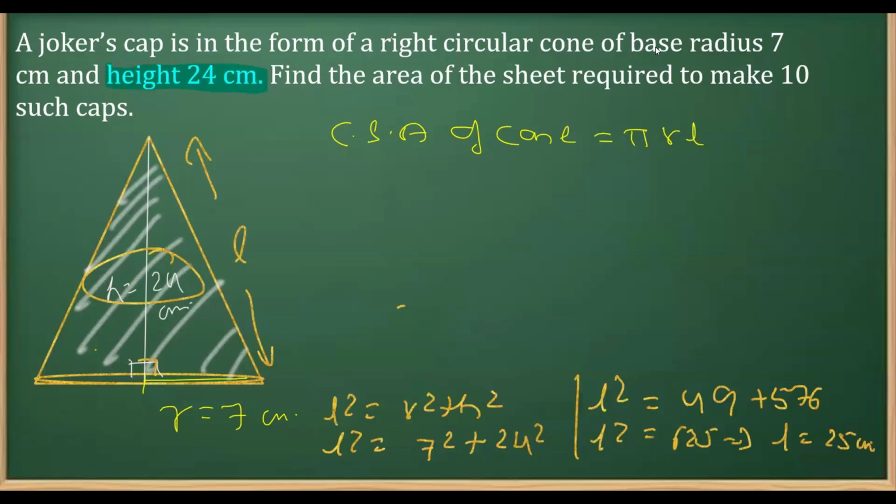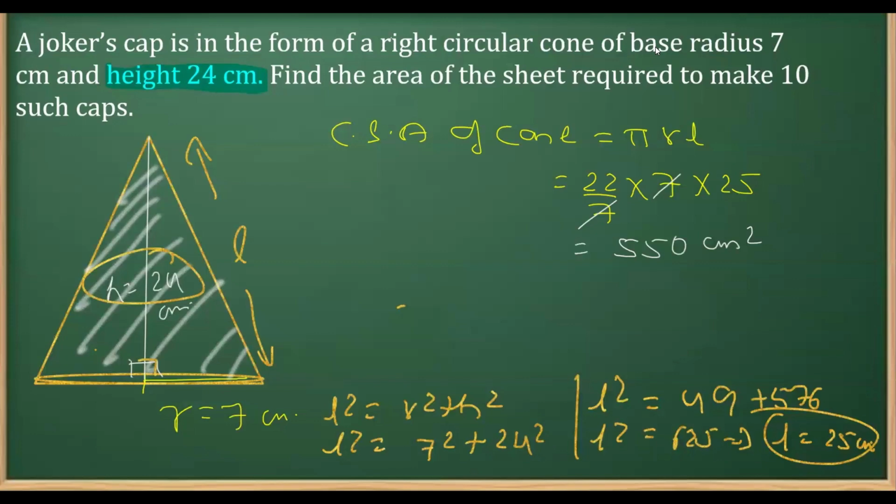Now, once we get the value of R and L, we can plug in these values. Pi I'm replacing by 22 upon 7, radius 7, and the slant height as 25. Here 7 and 7 get cancelled. Now we have 25 into 22, that is 550 centimeter square, and that is for one cone.